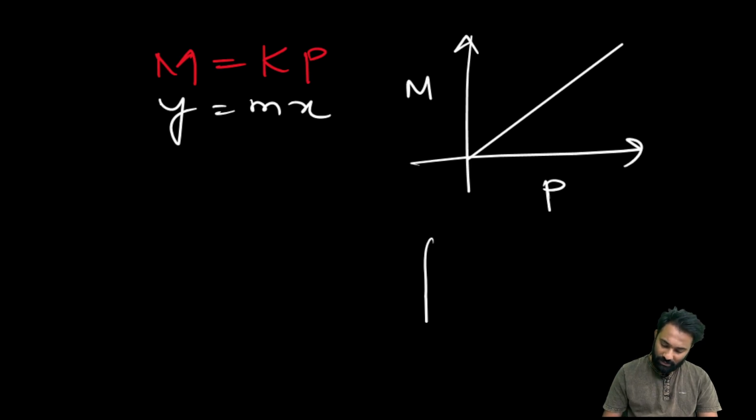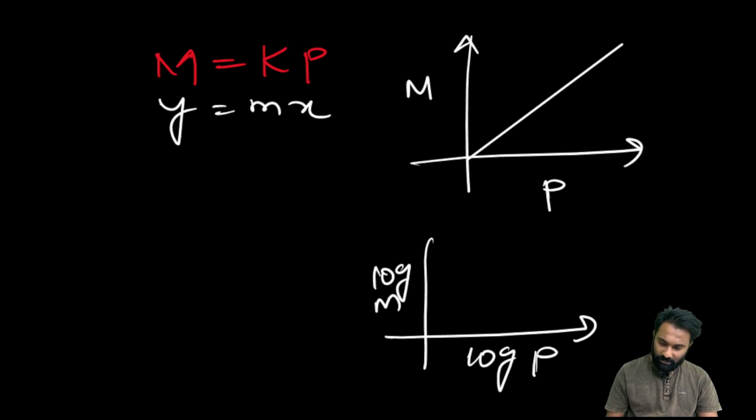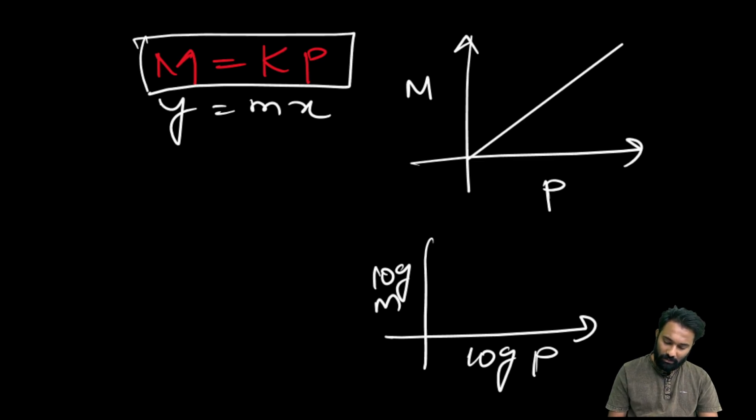Sometimes they will ask you the graph between log m versus log p. How to find the graph between log m versus log p? Take log base 10 on both sides.